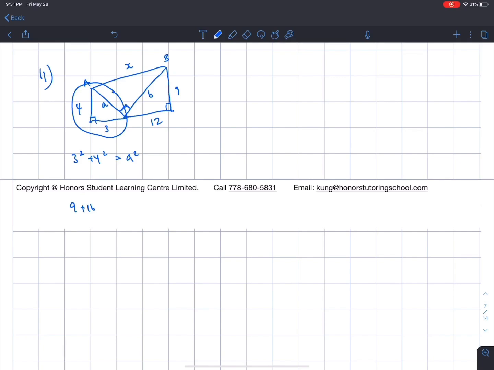So 9 plus 16 equals A squared. 25 equals A squared. We square root both sides to get A equals 5. So this is now 5.